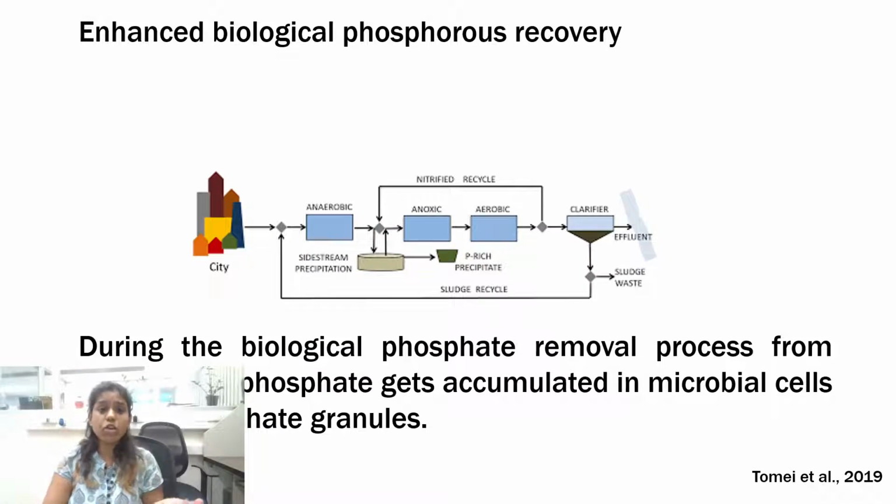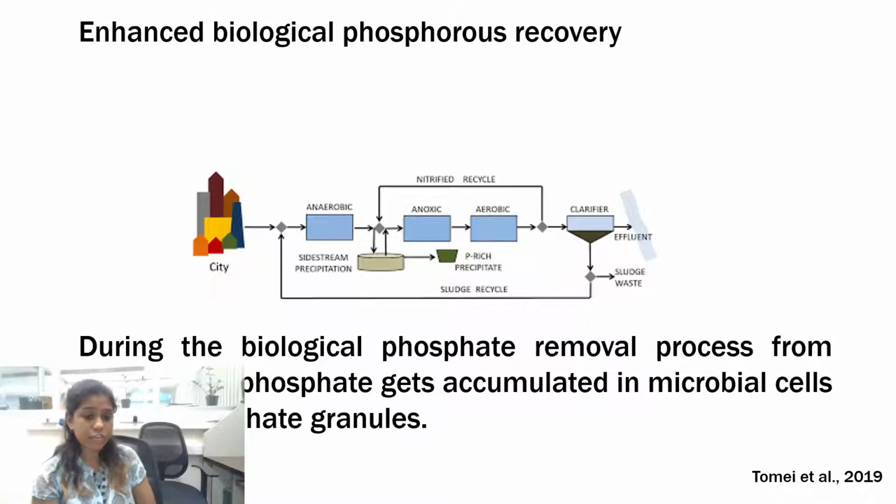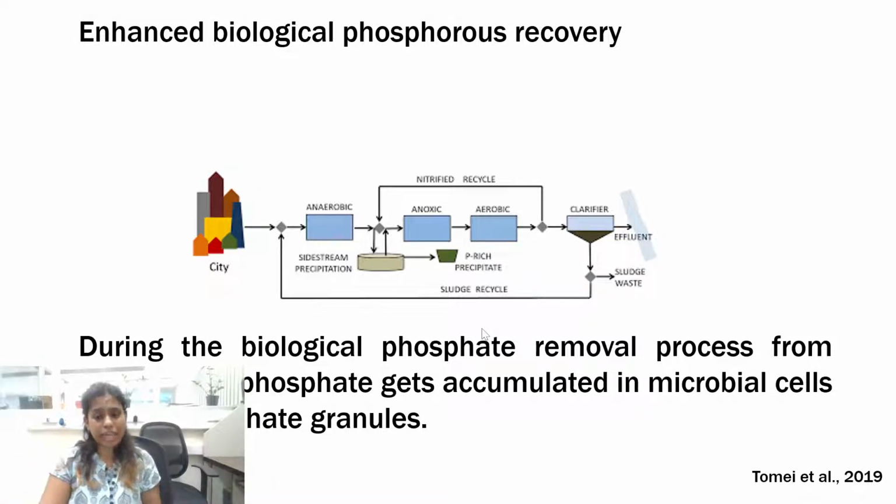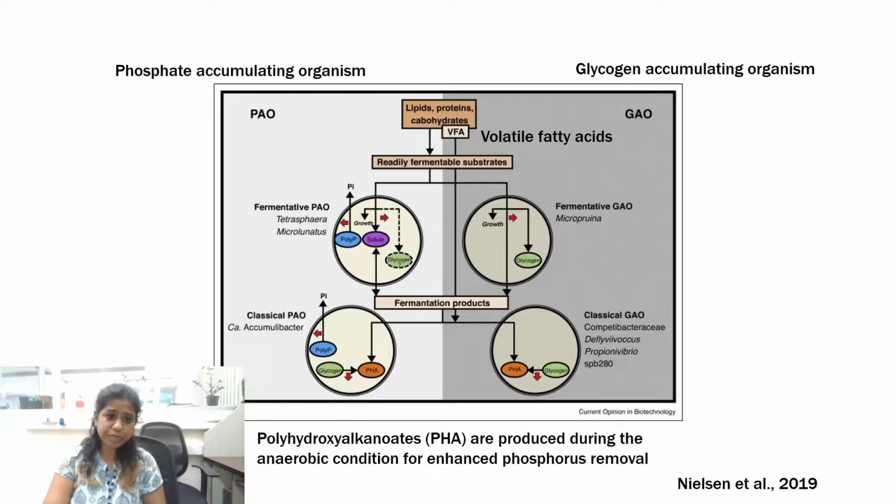So this can be controlled by removing the phosphorus, phosphates and nitrates, which are usually the contaminants in the fertilizers or whatever nutrients get mixed with the wastewater. That is usually done by using microorganisms which can precipitate the phosphate as polyphosphate granules, and hence it can be removed from the effluent before releasing it into the water bodies.